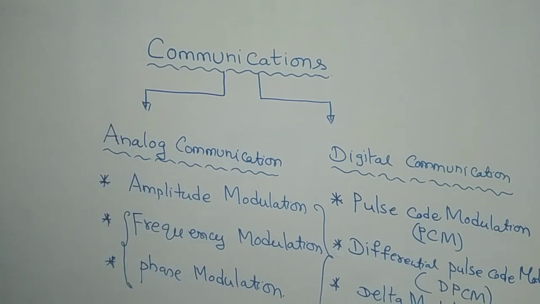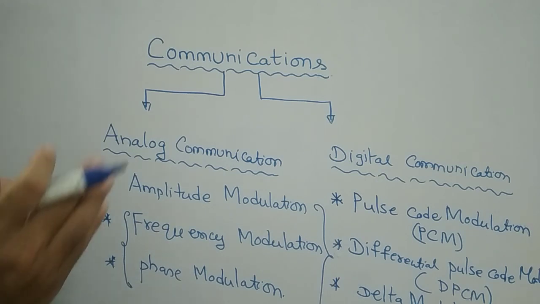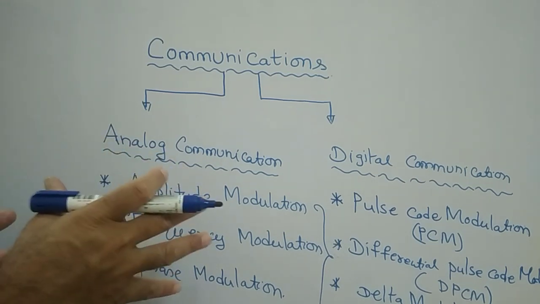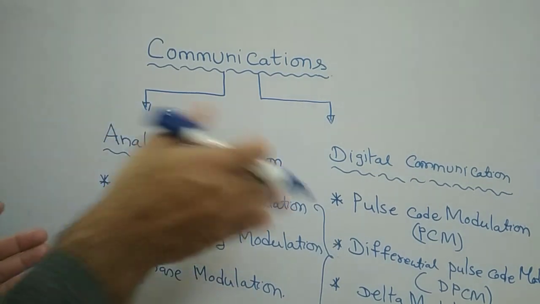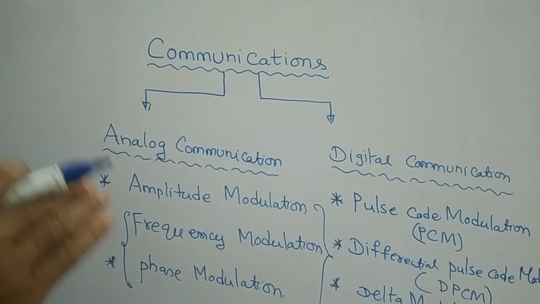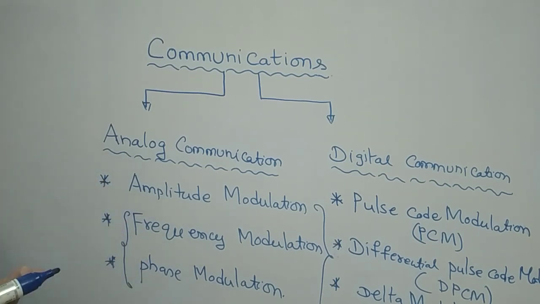I hope you understood this basic concept in this first video regarding communication. I just wanted to give brief information about the types of communication, the types of modulation, and what modulation is. In the subsequent presentations, we will see all these categories in detail. What is amplitude modulation, how amplitude modulation takes place, and what is the modulation index.